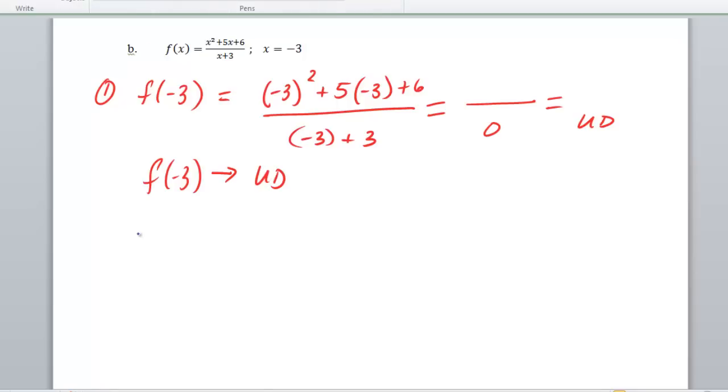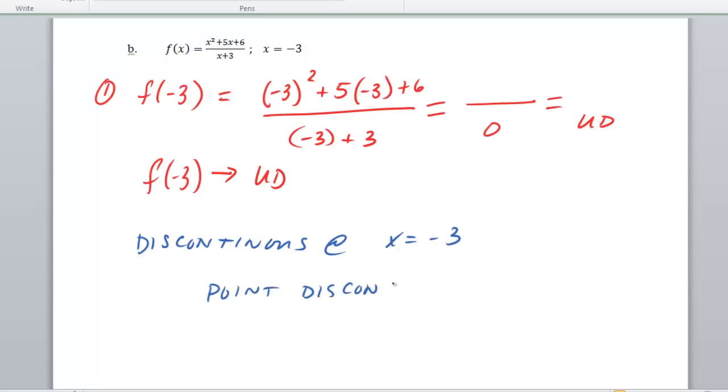And so we can make this statement: since it's discontinuous at x equals -3, it has point discontinuity. And you would not even have to continue with the second and third test. And so that would be the end of this particular sample problem. So hopefully you were able to mathematically prove the continuity or disprove it with the given continuity test.